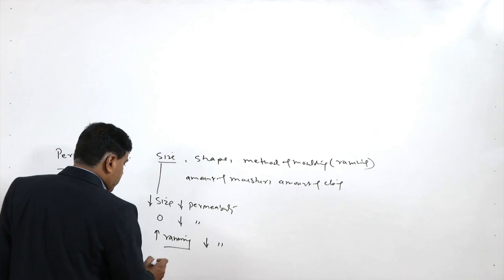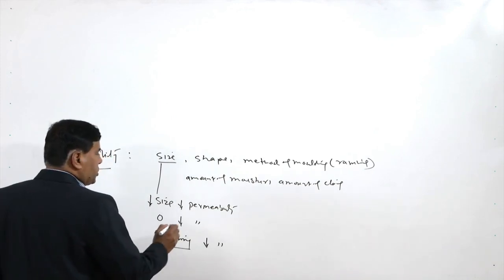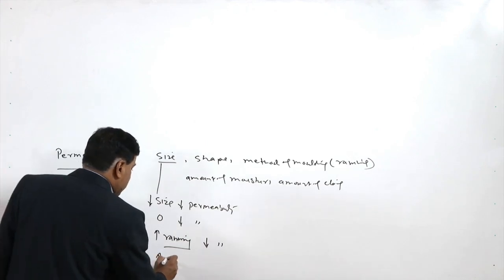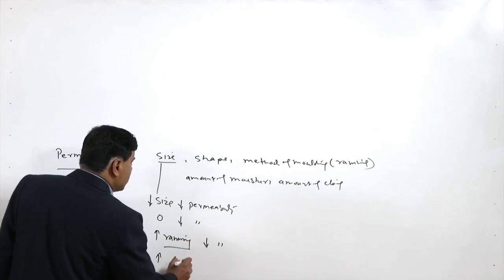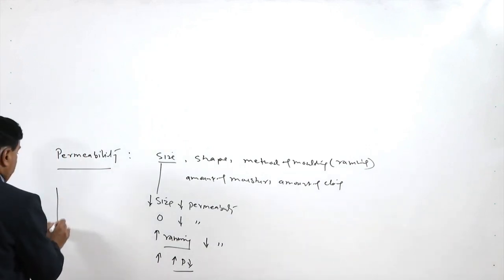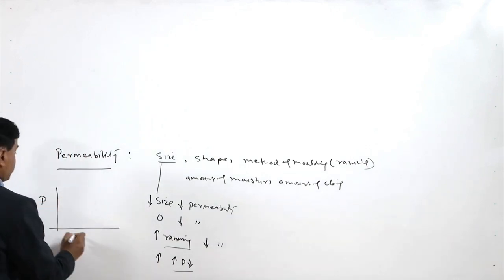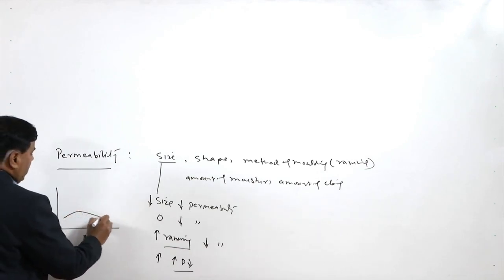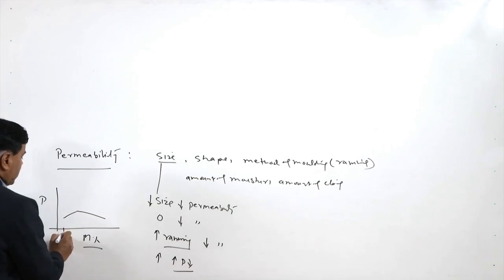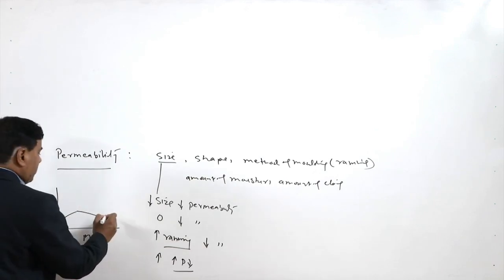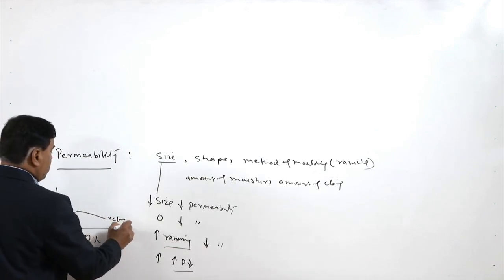Then the amount of moisture: increasing the amount of moisture first increases the permeability and then decreases it. So, if we draw the permeability versus moisture percentage relationship, it comes out like this. Here first there will be an increase in the permeability and then it reduces depending upon the amount of the clay which has been used.